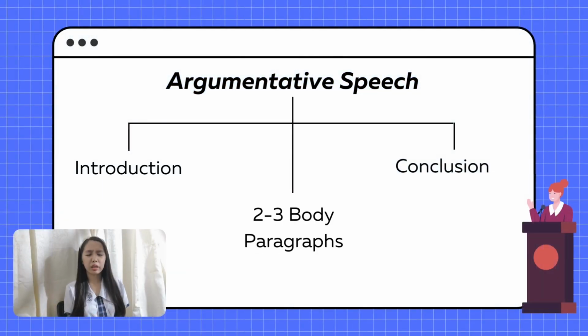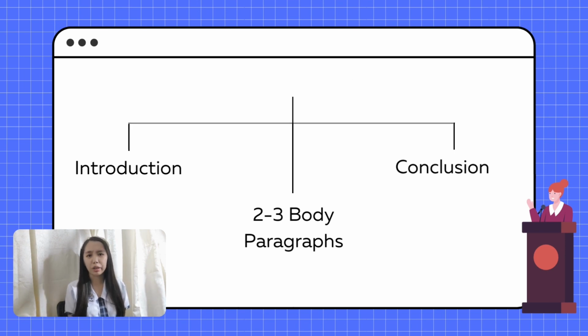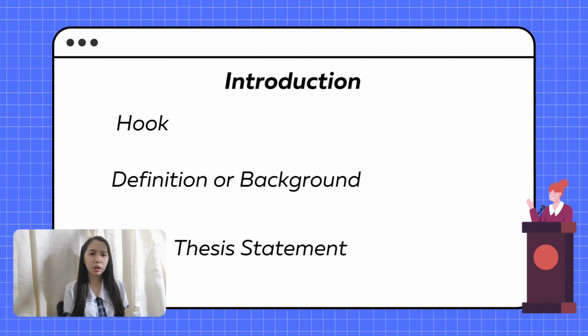An argumentative speech consists of the introduction, the 2 to 3 body paragraphs, and the conclusion. In constructing your introduction, it should have the following: the hook, the definition or background, and the thesis statement.